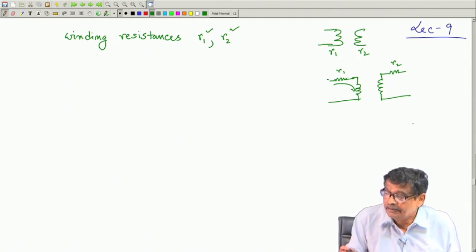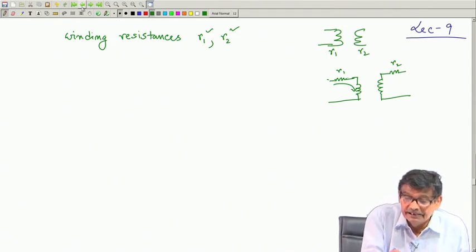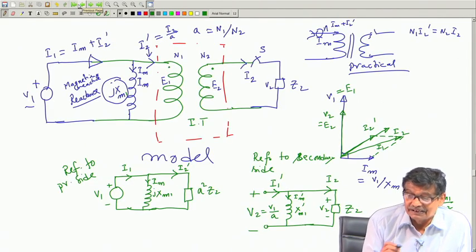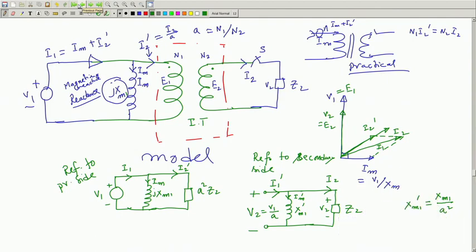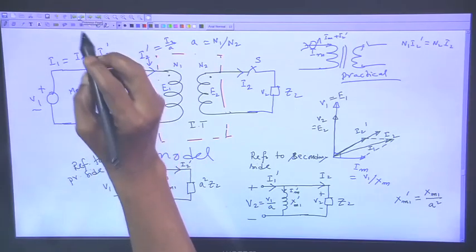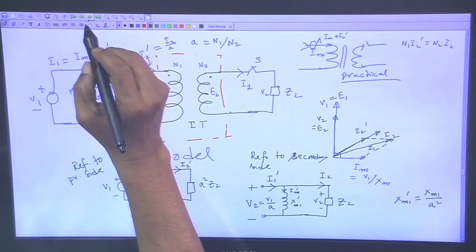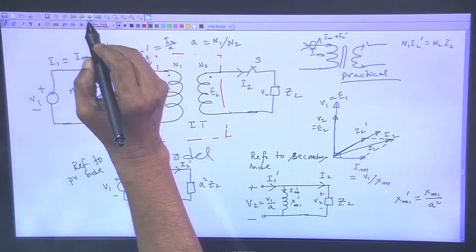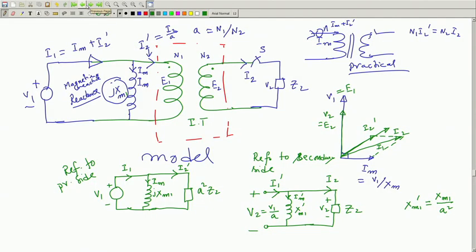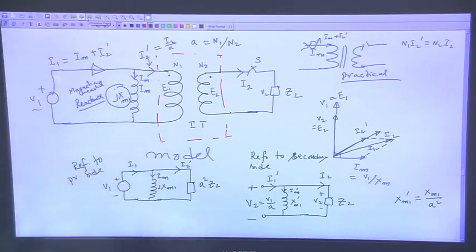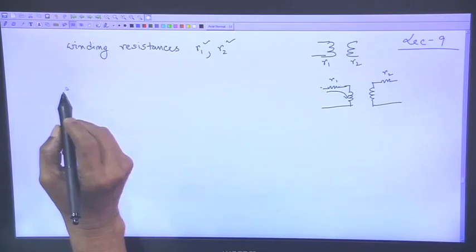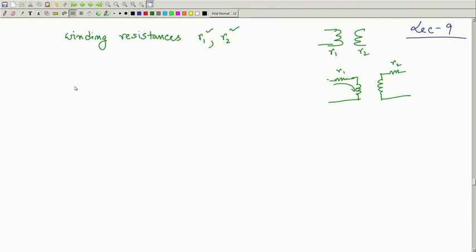Got the point? Therefore, in this circuit, I will spoil this circuit, do not mind. If I add something here, our previous thing will also get disturbed. So, what I will do now, listen carefully.